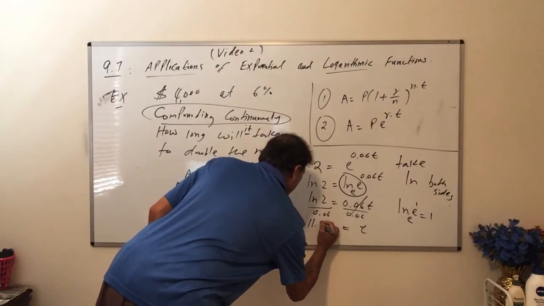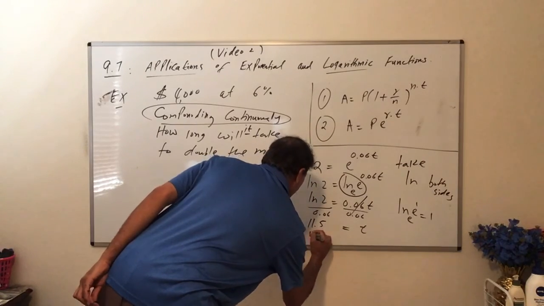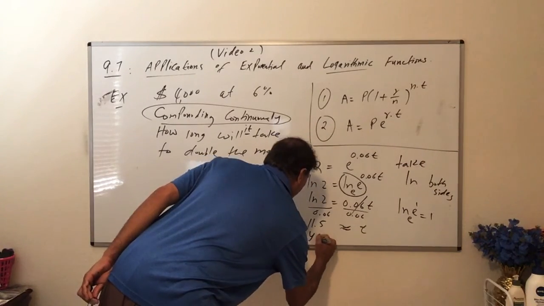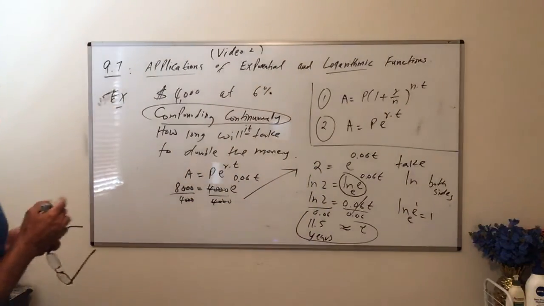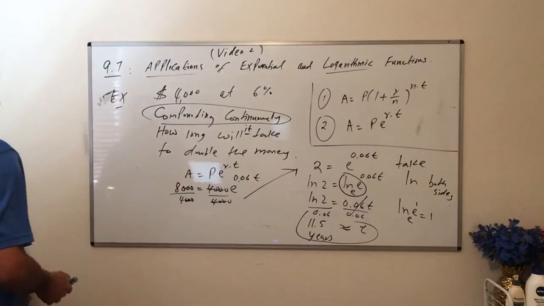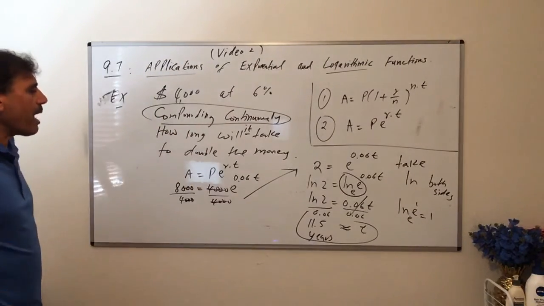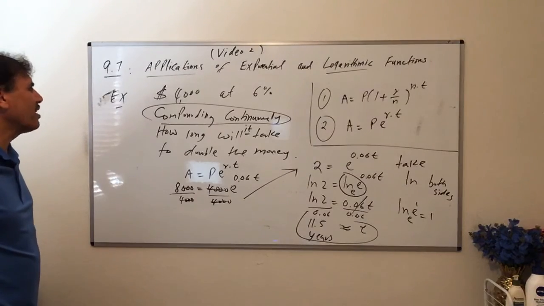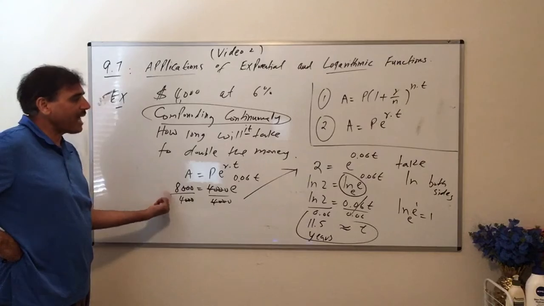So about 11.5 years. That's approximation. Okay. So what we're saying is that if you invest $4,000 at 6%, compounding continuously, it will take about 11 and a half years to double the money, because the double of 4,000 is 8,000.